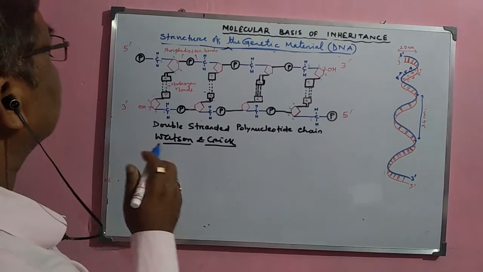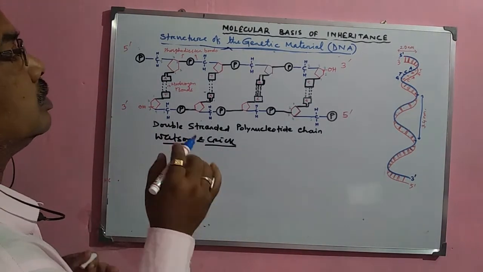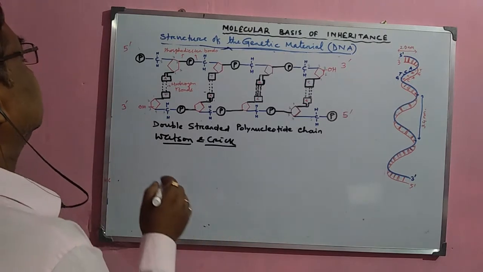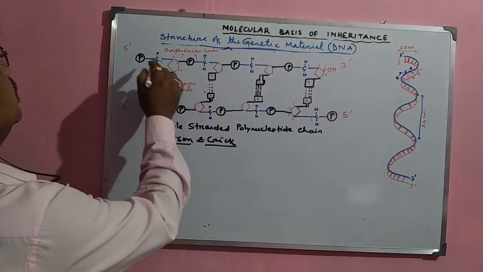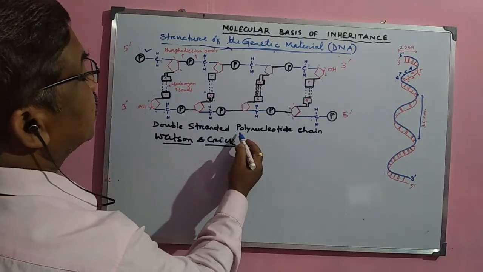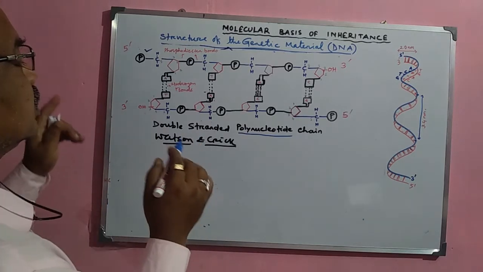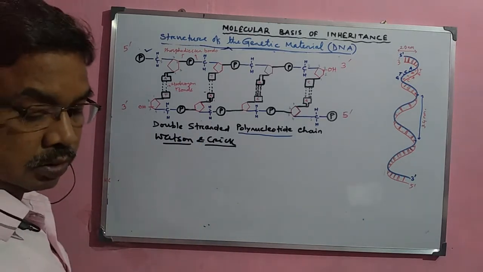But before going to that, we must see what a double-stranded structure is. As we have already studied the single strand of polynucleotide chain, here we see how the polynucleotide chains are doubled.